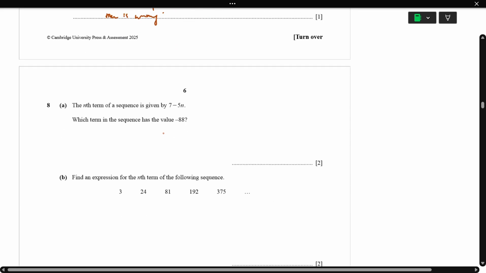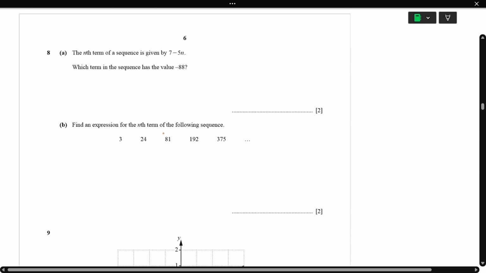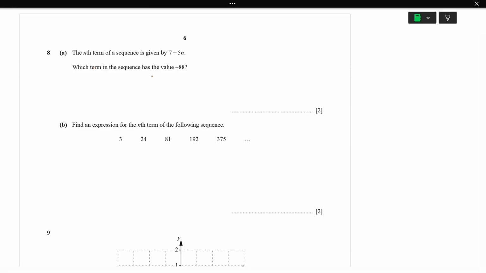Okay, next. The nth term of the sequence is given by 7 minus 5n. Which term of the sequence has the value of minus 88? We just have to substitute: 7 minus 5n equal to negative 88. We need to find n.